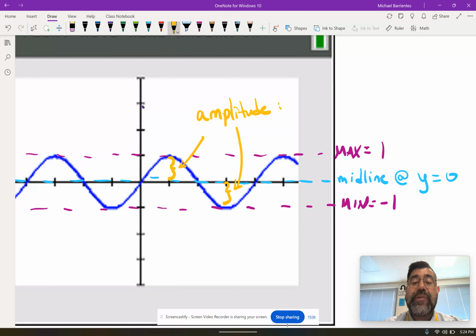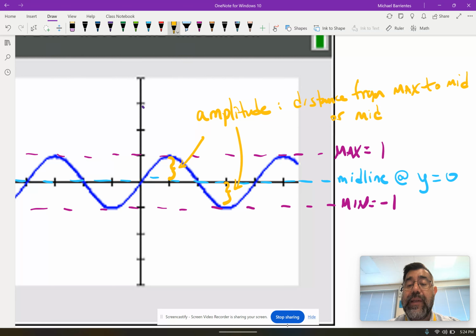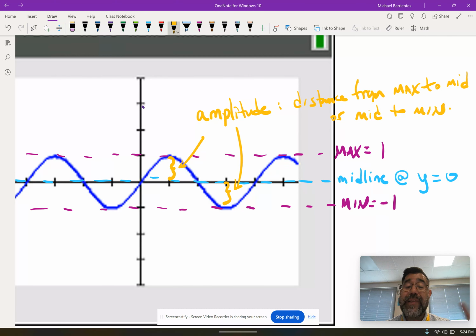The amplitude is the length or the distance from max to mid, or from the midline to the minimum. Because the midline is the halfway point, they should be the same. And in this example, the amplitude is equal to 1.